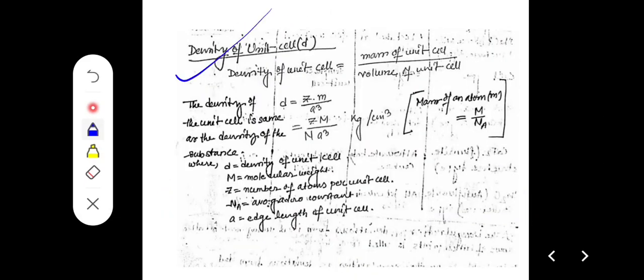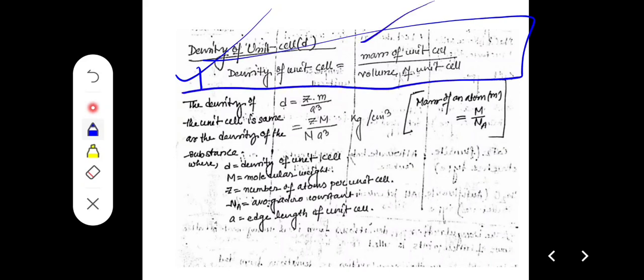Now we consider the density of the unit cell, symbolized as D. Density of the unit cell equals mass of unit cell by volume of unit cell. The density of the unit cell is the same as the density of the substance.